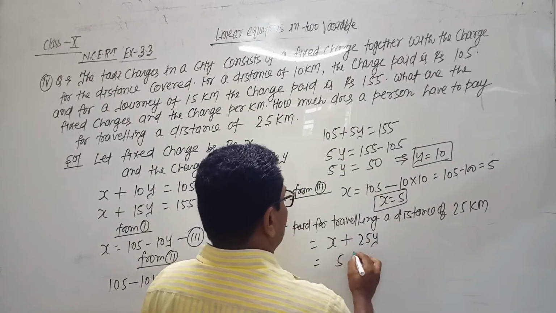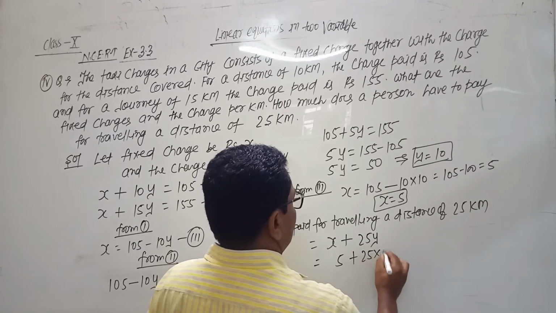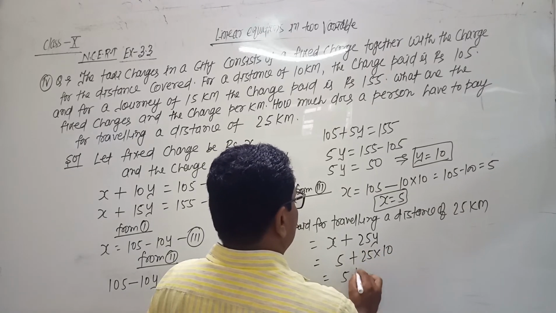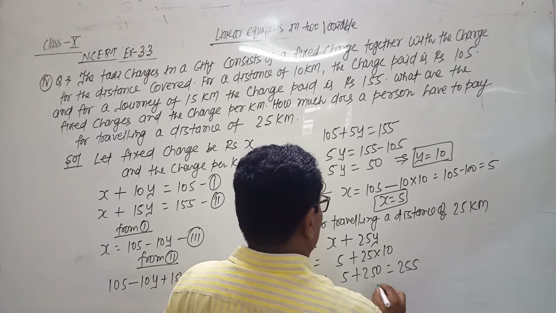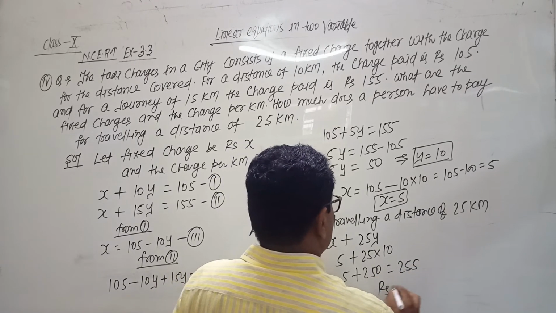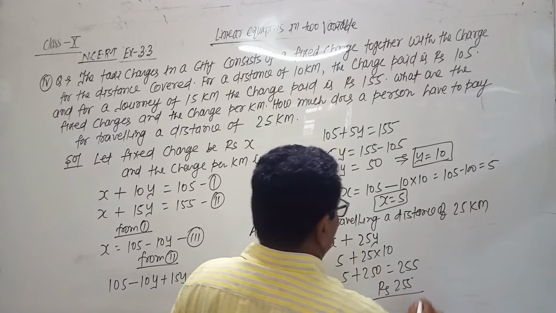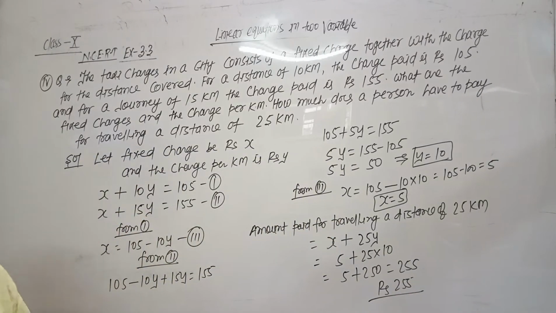Put the value of X and Y: 5 plus 25 into 10. So 5 plus 250 means 255. So rupees 255 is the amount for traveling a distance of 25 km.